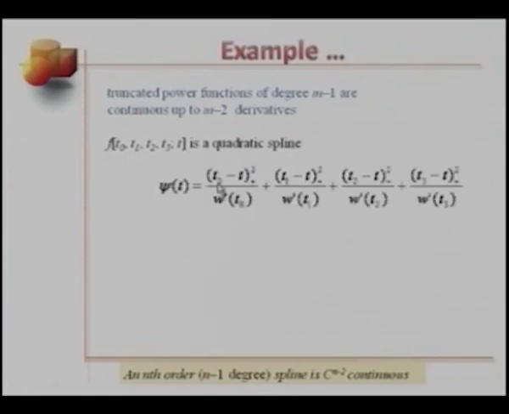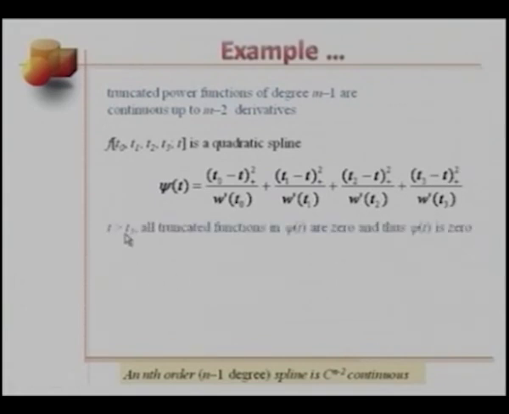In terms of the knots t0, t1, t2, and t3, this is how the algebraic expression of the Newton's divided differences would be. Psi of t is equal to (t0 minus t) truncated, the whole squared, over w prime of t0, plus (t1 minus t) truncated squared over w prime at t1, plus (t2 minus t) truncated squared over w prime at t2, plus (t3 minus t) truncated the whole square over w prime of t3.